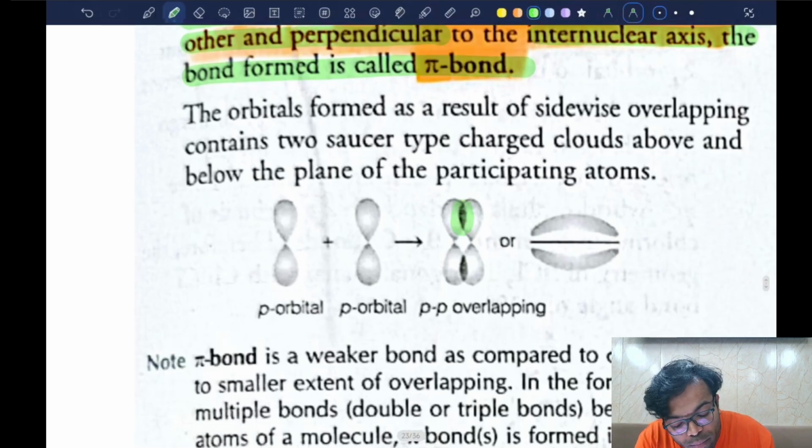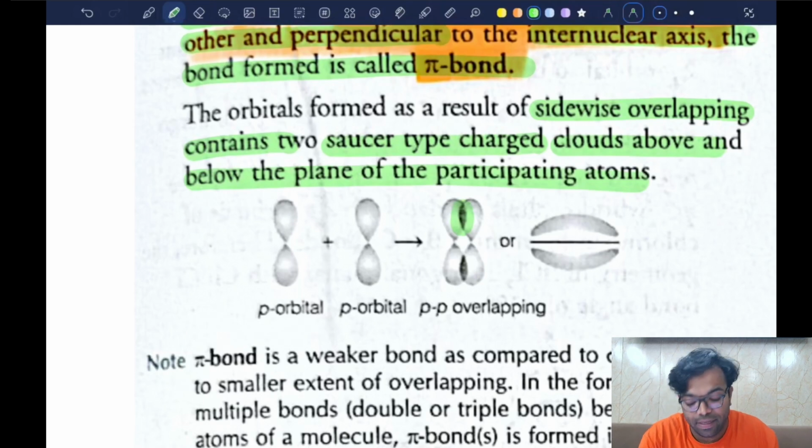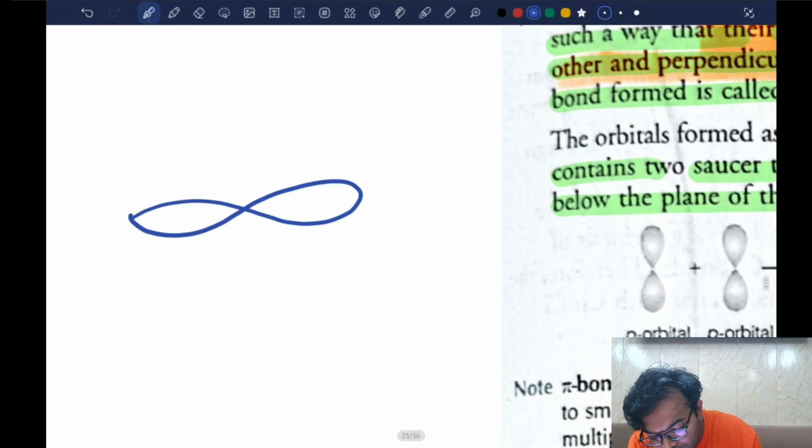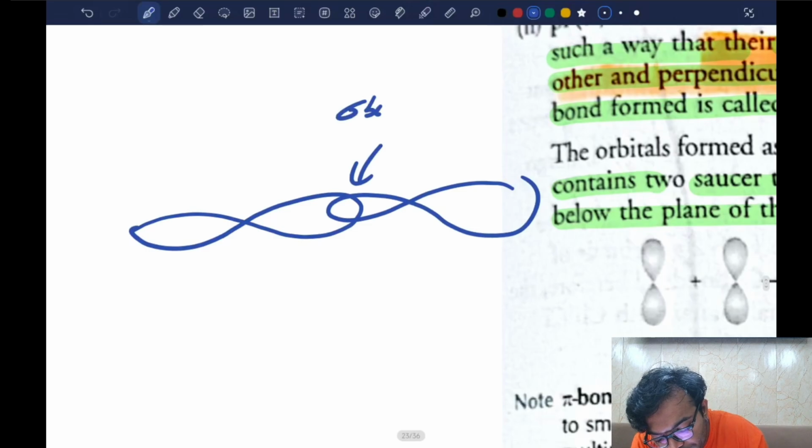The orbitals formed as a result of the sideways overlap contain two saucer type charged clouds above and below the plane of the participating atoms. So let's see. If you have a z orbital like this, another z orbital like this, this is known as the sigma bond.